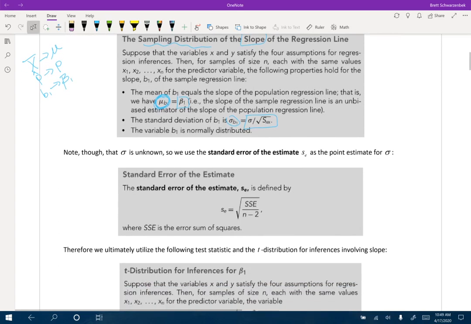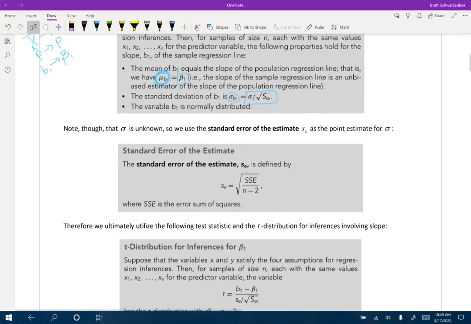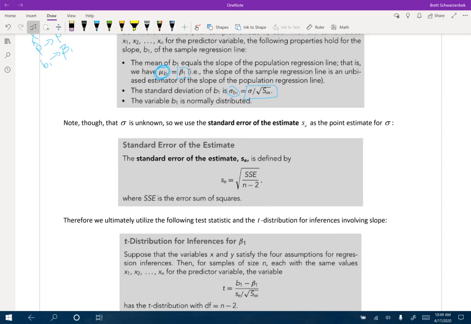Note that we don't actually have a sigma in our problems because we're dealing with samples. We're assuming sigma is unknown, so we use SE, called the standard error, in order to estimate it.